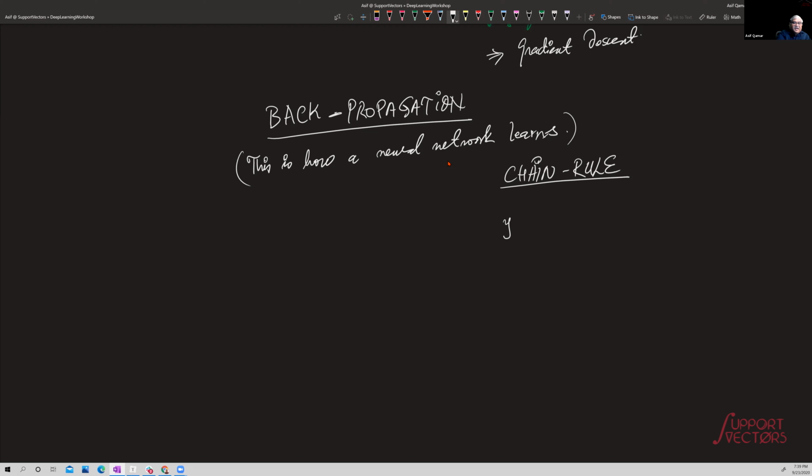So suppose z is some function of w, and w is some function of y, and y is some function of x.